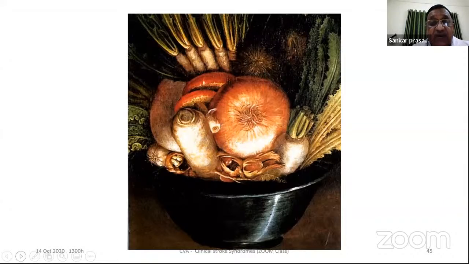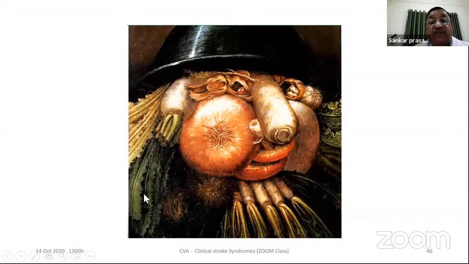Though before MRI, this has been described. If you look at this the other way, then you can see a face also here. So this is a function of the FFA, and this facial recognition is lost if the fusiform gyrus is involved in posterior circulation strokes and you develop prosopagnosia, right?